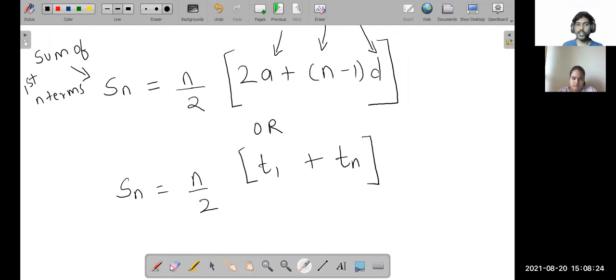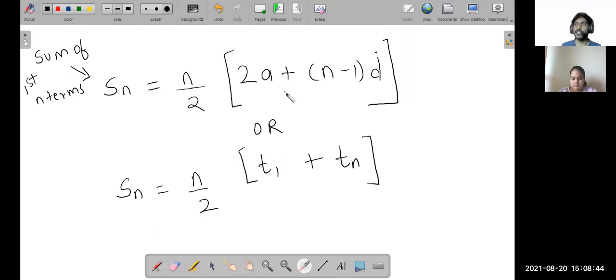So we have two formulas to find the sum of the first n terms. You can use any one formula depending on what information is given to you. Both formulas will give you the same answer.